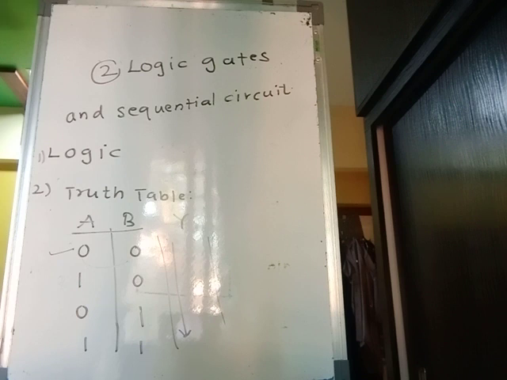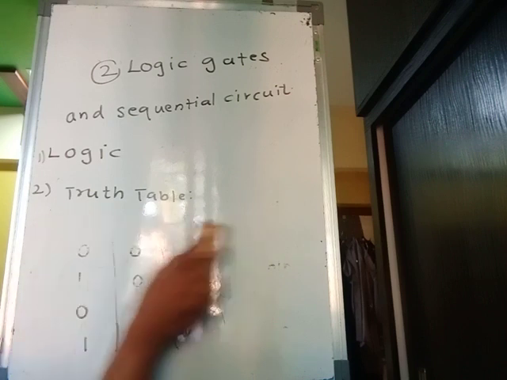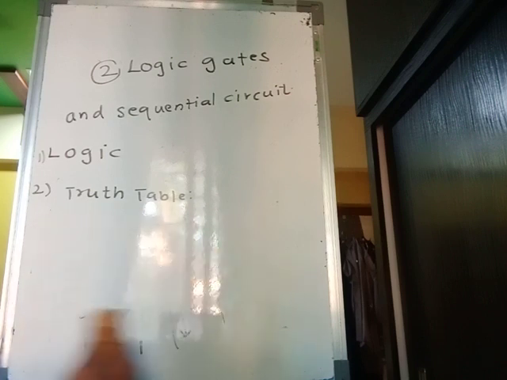Okay, and then next is the Boolean equation. After the truth table we have the Boolean equation.